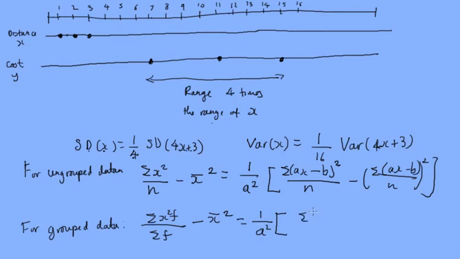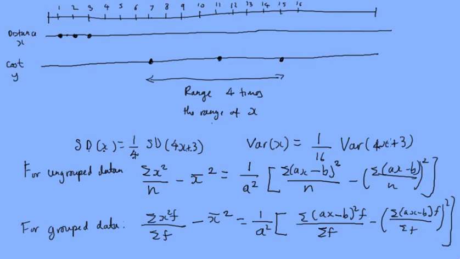Then we've got the sum of our coded data squared multiplied by f over the sum of f, minus the sum of our coded data f over the sum of f, all squared. So let's look at a couple of examples.